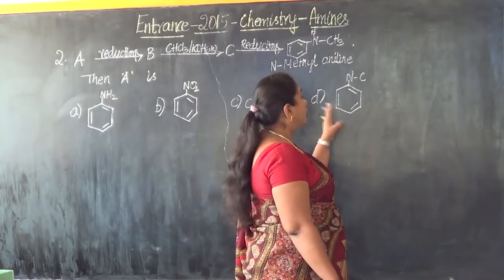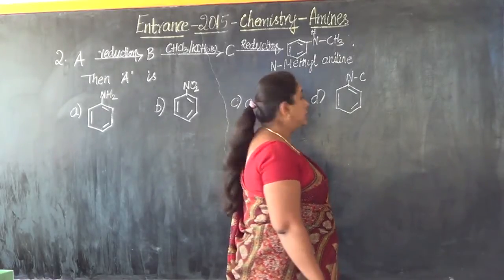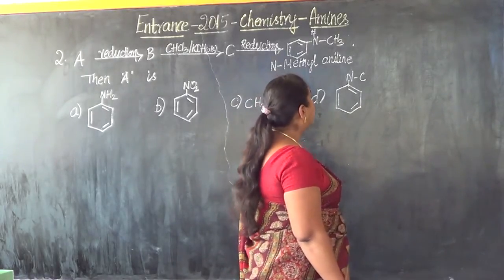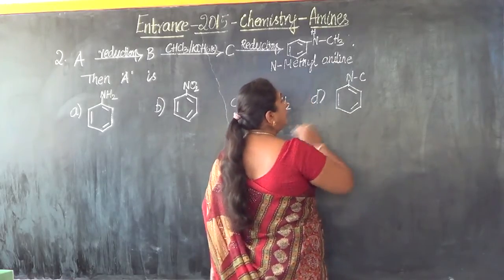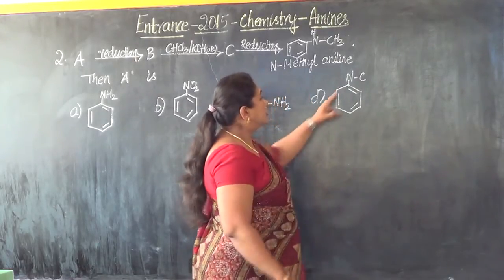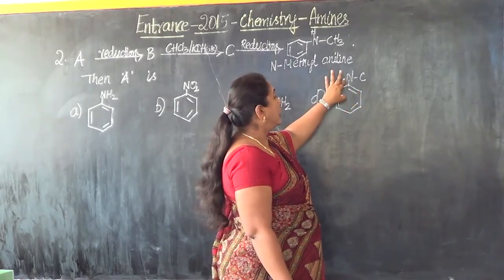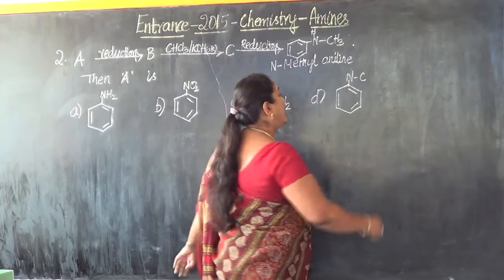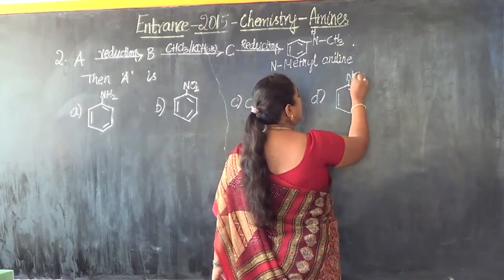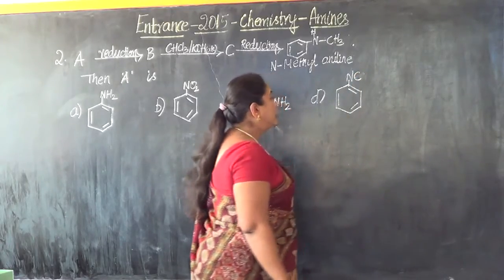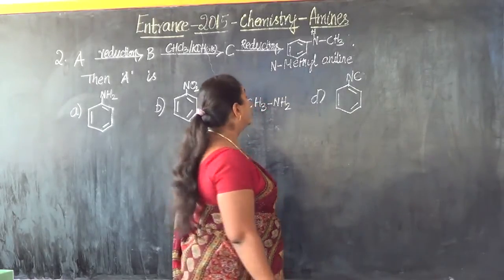Benzene isocyanide. The benzene ring is attached through N, which in turn is linked with C. So therefore it is an isocyanide.